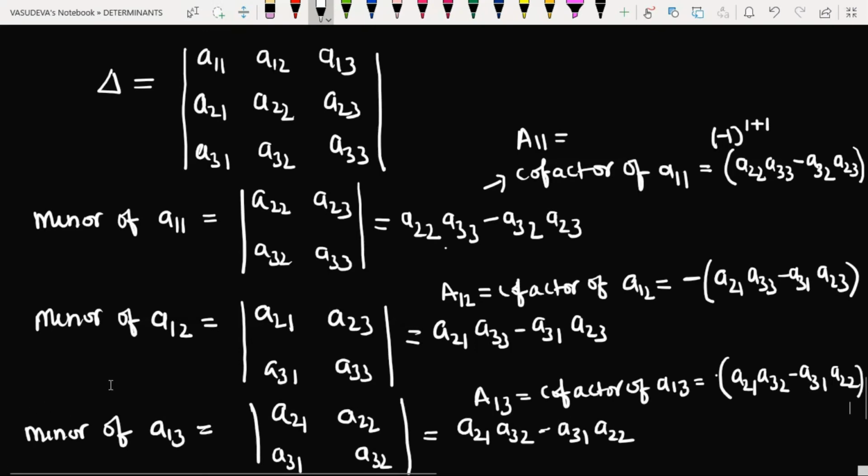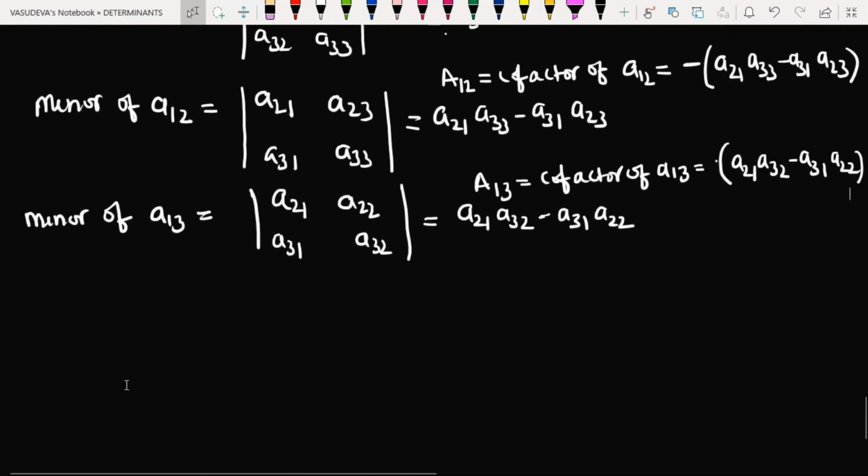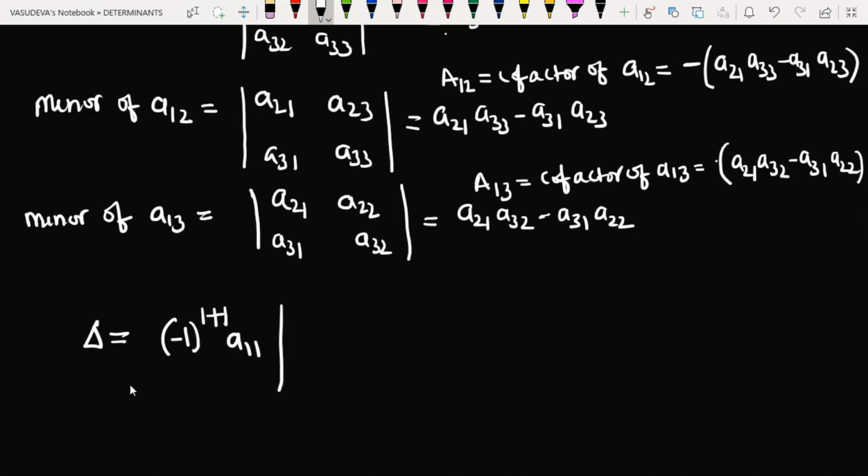So expanding the determinant along R1, we have del equal to minus 1 to the power of 1 plus 1 into A11 into the determinant of A22, A23, A32, A33.